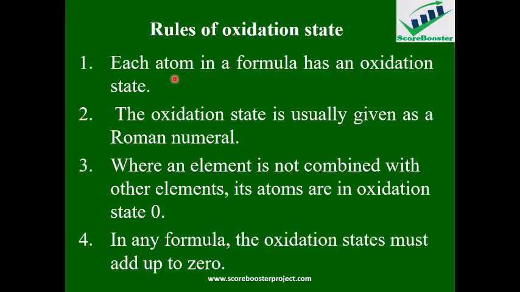If we take sodium chloride as an example, the oxidation state of sodium added to that of chlorine must give us 0. If we take HNO3, the oxidation state of hydrogen together with that of nitrogen together with that of oxygen must give us 0.